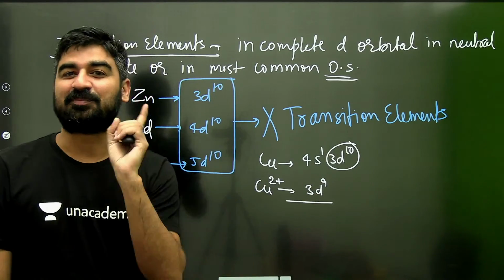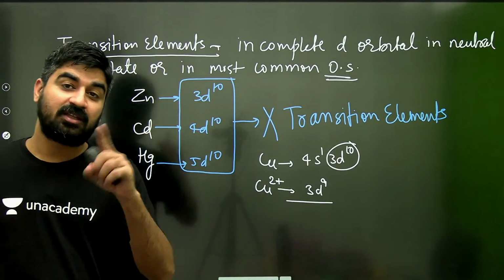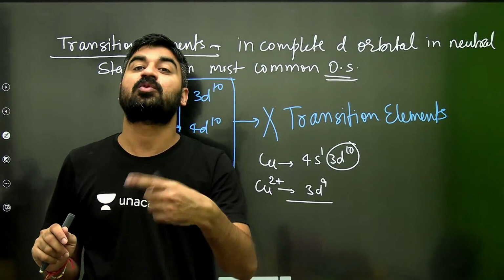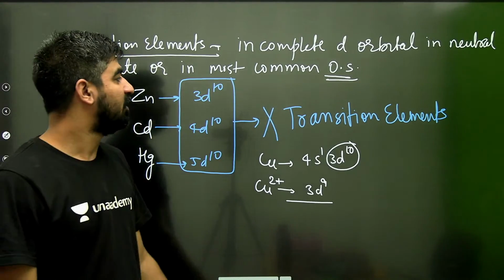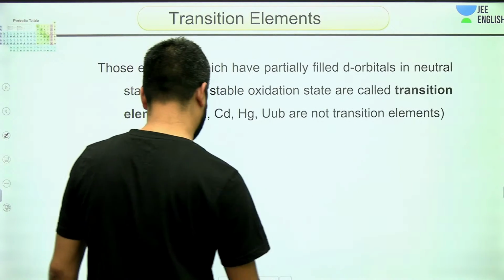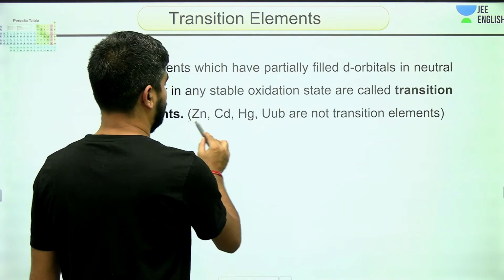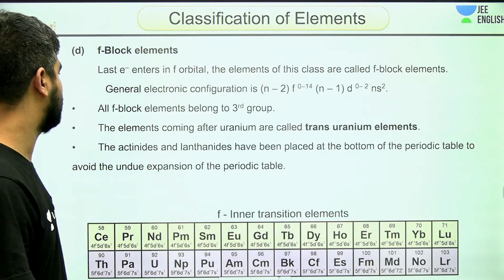So here it is incomplete. So it should be incomplete either in neutral state or in most common oxidation state. Got it? So guys, these are transition elements. So zinc, cadmium and mercury are not transition elements. So we have 4d transition series, guys.